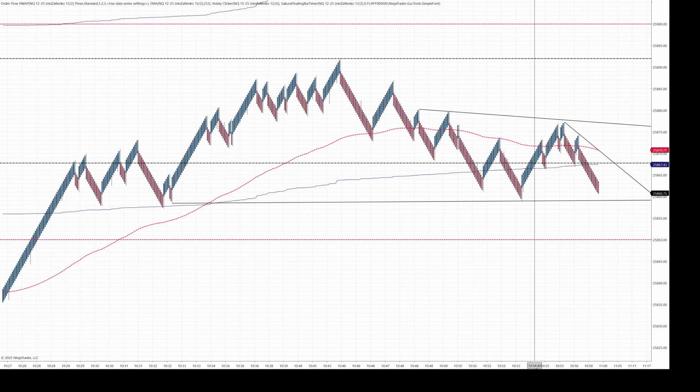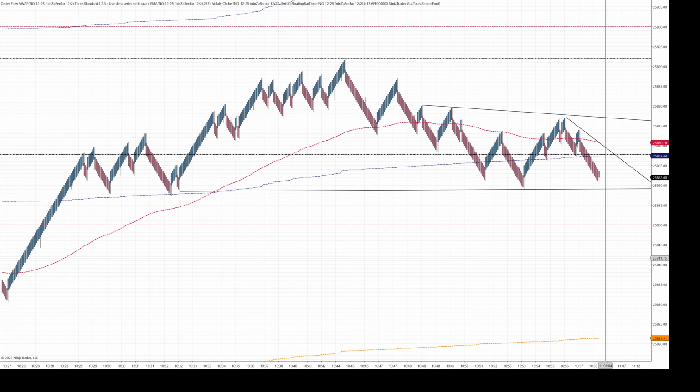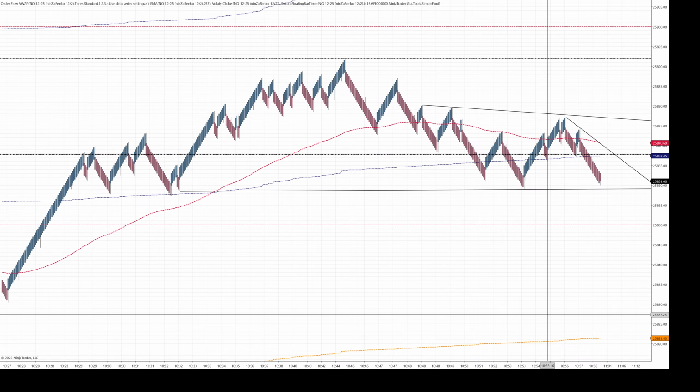Okay, we're making our way down. Can we break this trend line here? Retest 50 and get the bounce up? That's sort of the next potential trade that I'm eyeing.